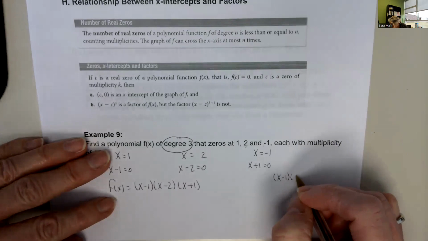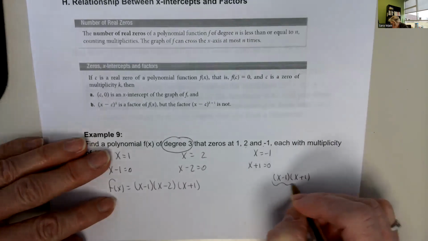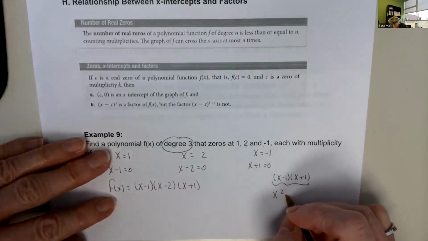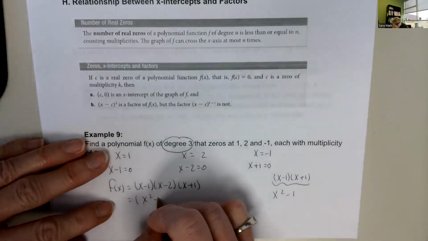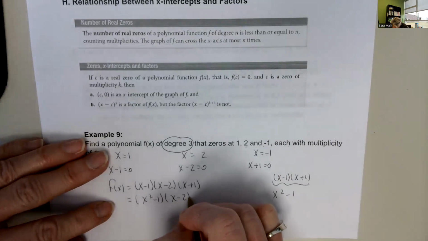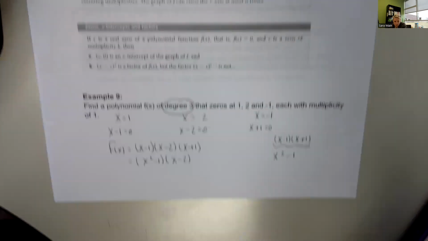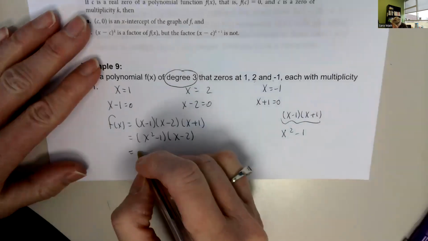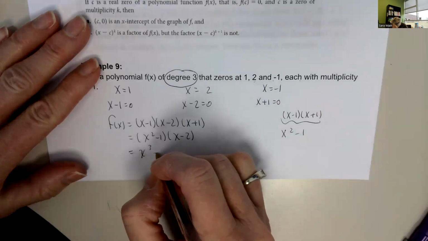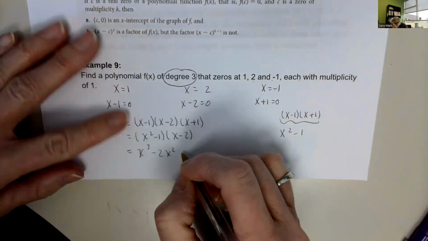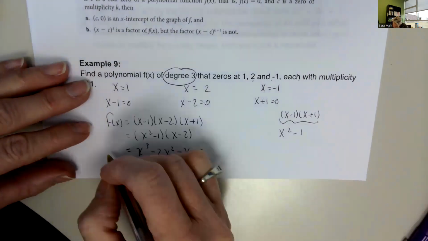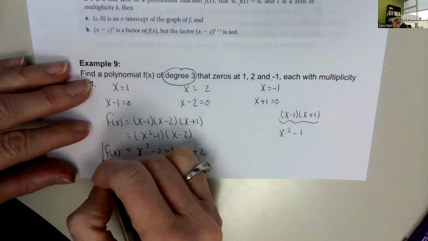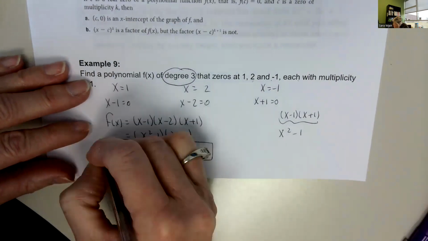X minus 1 times x plus 1 multiplies to x squared minus 1. So we'd have x squared minus 1 times x minus 2, which gives x cubed minus 2x squared minus x plus 2 as our final polynomial.